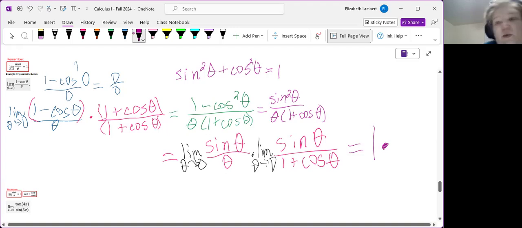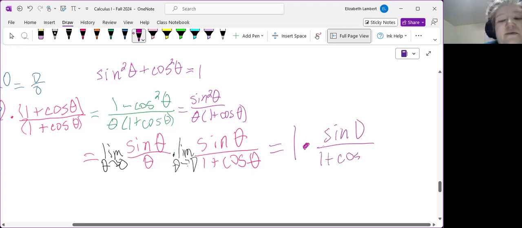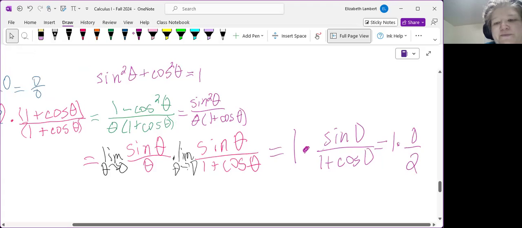And then this other one, we can plug it in. Sine of 0 is still 0. But now on the bottom, 1 plus cosine of 0. Cosine of 0 is 1. So this becomes 1 times 0 over 2, which is a definitive 0.